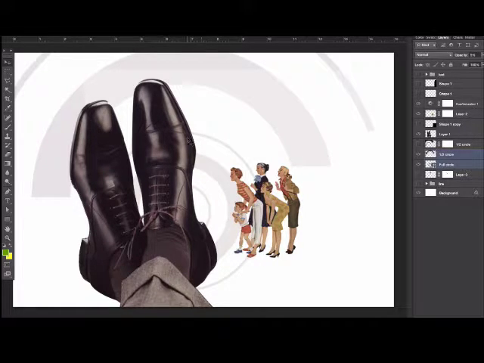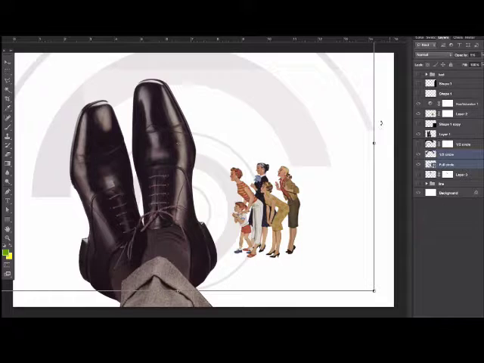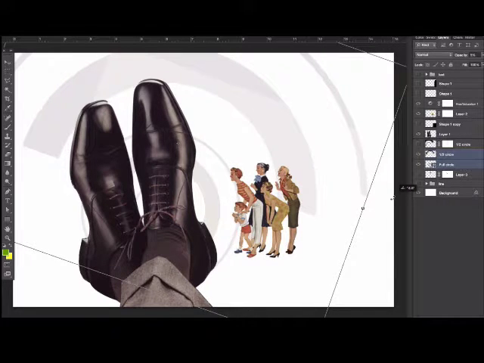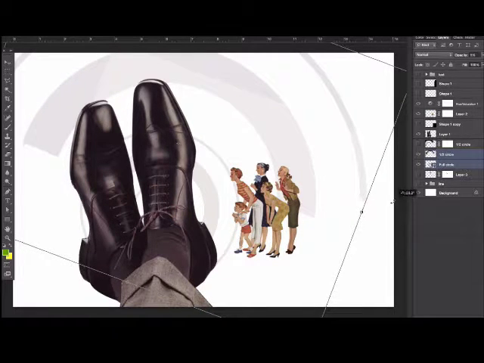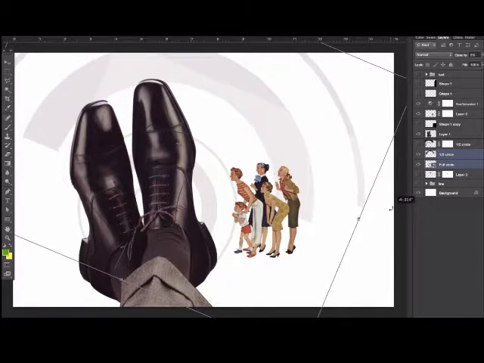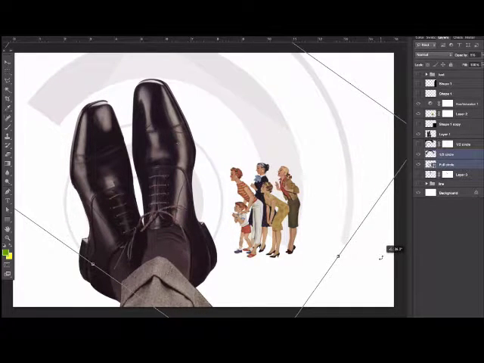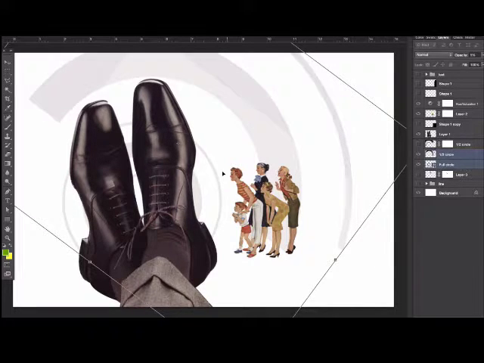Okay, so let's do this. Hit Command T for free transform. Now I'm going to rotate this, and let me see what I can do here to get this in a way where it looks like we're contributing to the diagonal direction that's being implied between the figures and the shoes.